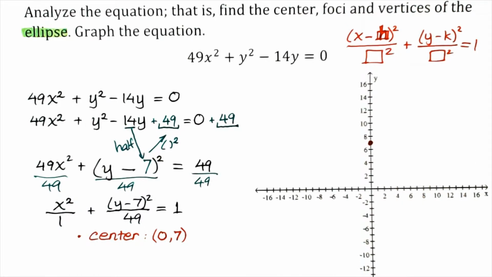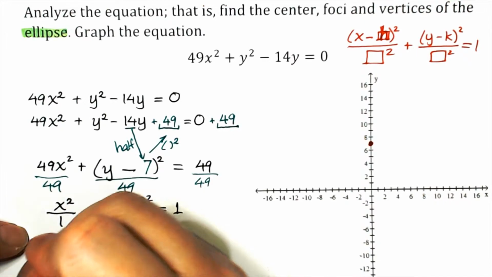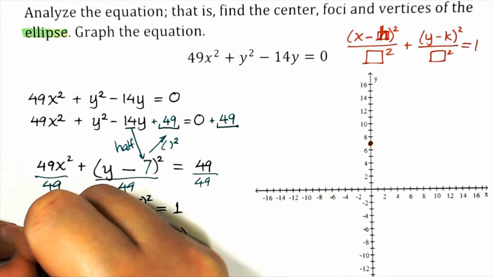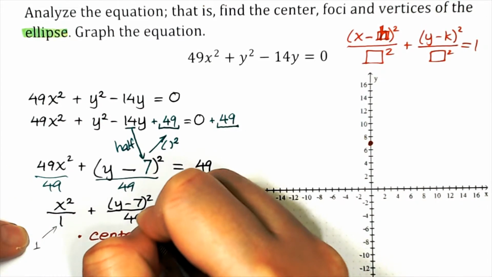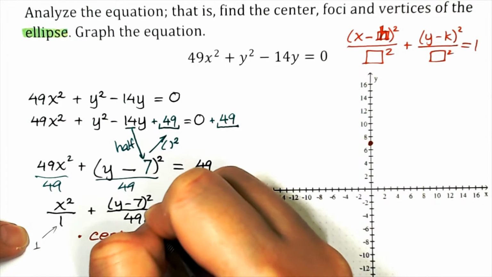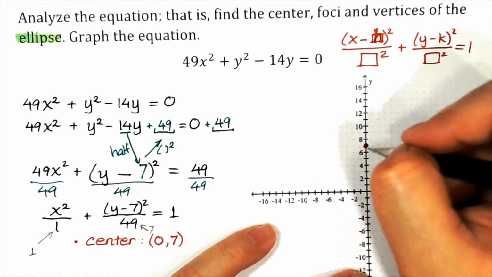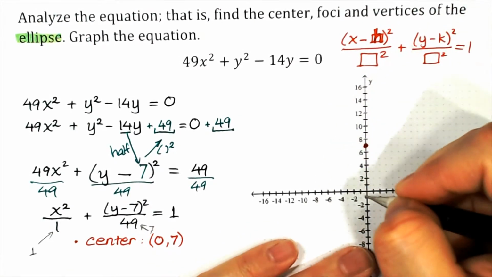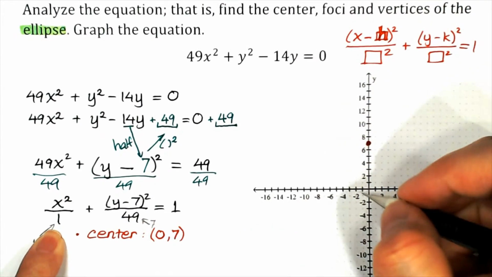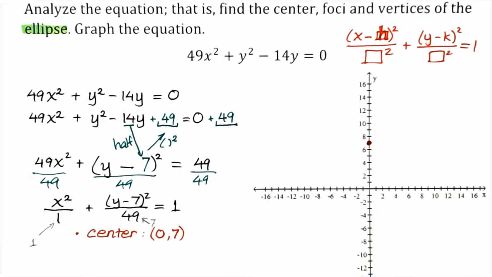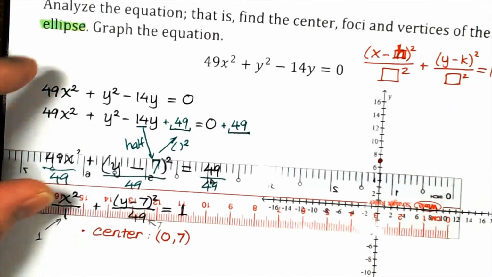Next, from this equation, we know the 1 is below the x squared. Square root of 1 is still 1, and square root of 49 is 7, and that is below the y. So the 7 below the y will go 7 units up and 7 units down. 1 is below the x, so 1 unit left and 1 unit to the right.